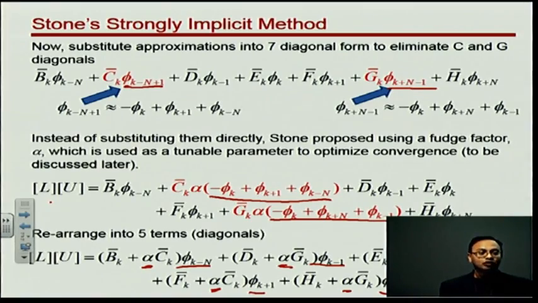Depending on what value you use, it's problem dependent also, you can get slightly better or slightly worse convergence. Typical values of alpha are between 0.9 to 1, so it's pretty close to 1. Sometimes people find that with 0.92 you get the best performance, something like that. So there is an optimum value of alpha.